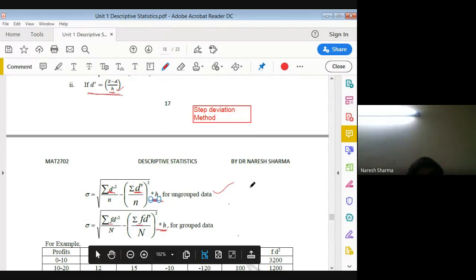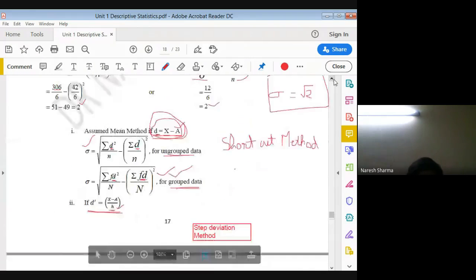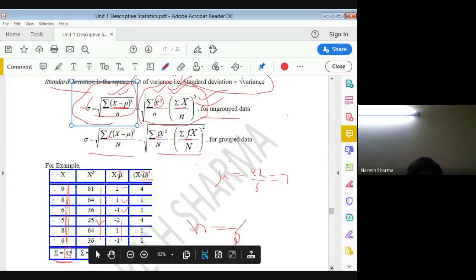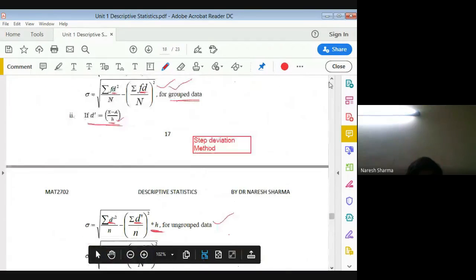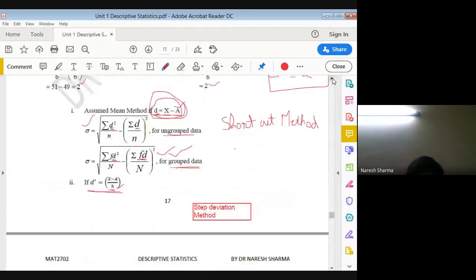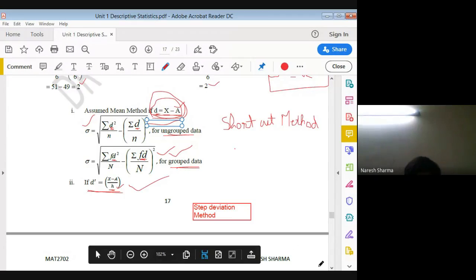So now we have three, or you say four different formulas for standardization, and just go through again. One is this one, second is this one, and now one is this one, this shortcut method by using this, and another is your step deviation method.